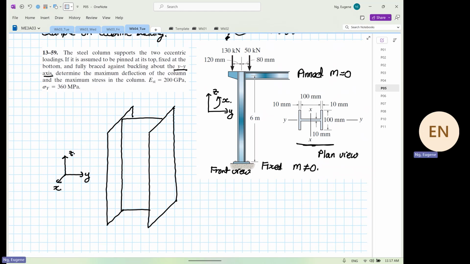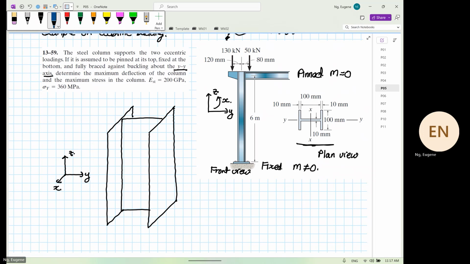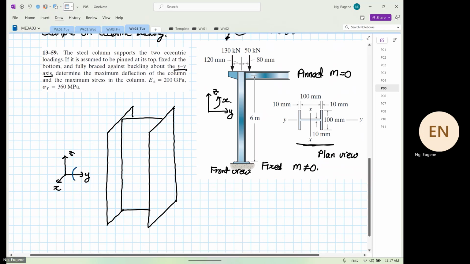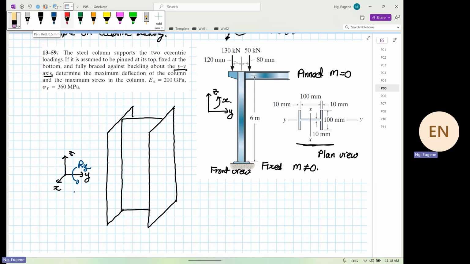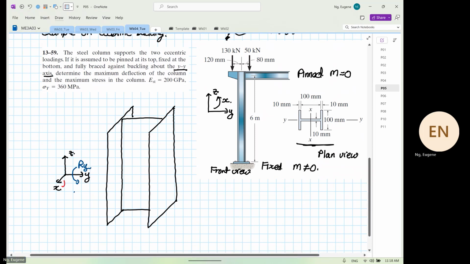What do I mean by sketch the rotation? Over here is rotation about Y. This is rotation about X. I will use a different color. So this will be my rotation about X.